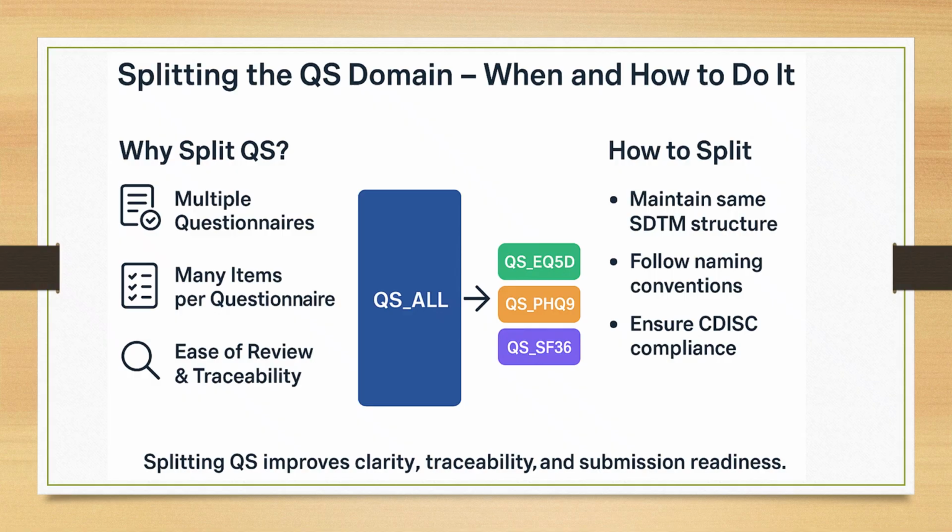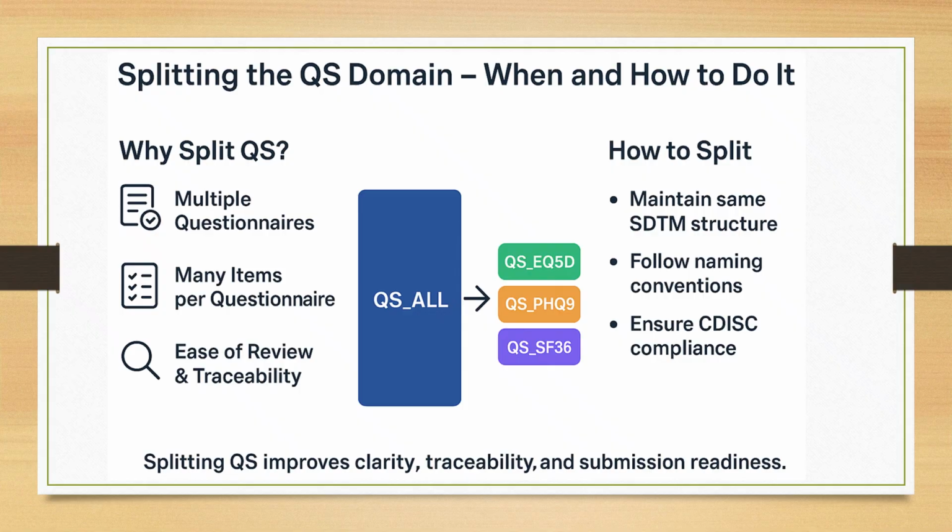Similarly, for all the rest of the category questionnaires which we have in our data, we can create a separate questionnaire file named QS underscore, and after that the category value added to the dataset. Each of these files will have the same structure and variables as the main QS domain, only the data changes.